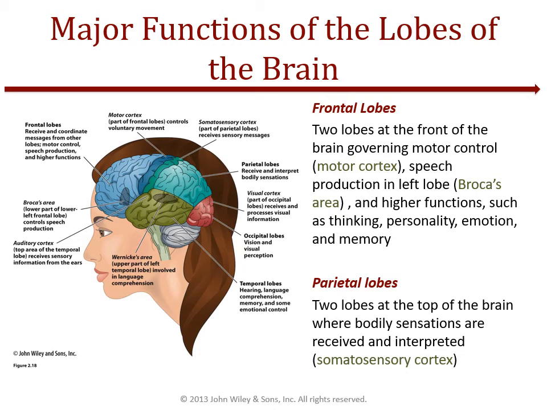Basically, this receives information about our touch in different body areas. Areas of the body with more somatosensory and motor cortex devoted to them, like our hands and face, are more sensitive to touch and have more precise motor control because of the parietal lobes.